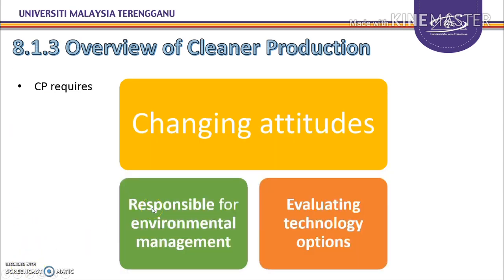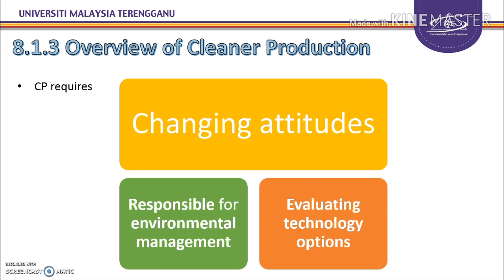Alright, so this is the overview of cleaner production. From the definition and the example that I have explained before, it is obvious that CP requires changing attitude, because it is responsible for environmental management to evaluate the technology options.